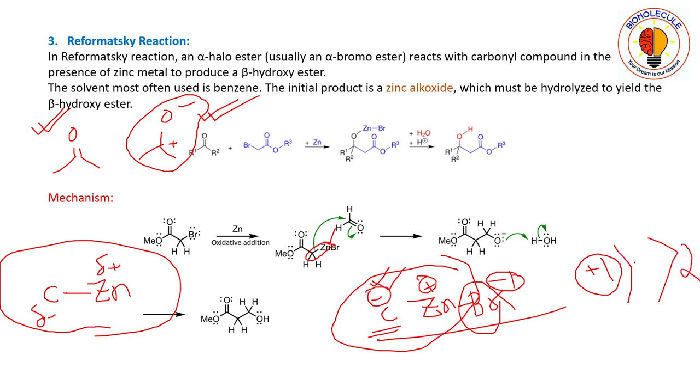That is, the oxidation state of zinc will be in between 1 and 2. So that is why it is known as oxidative addition. Previously the oxidation state of zinc was 0, and now after addition between the carbon and bromine bond, zinc will have an oxidation state in between 1 and 2.